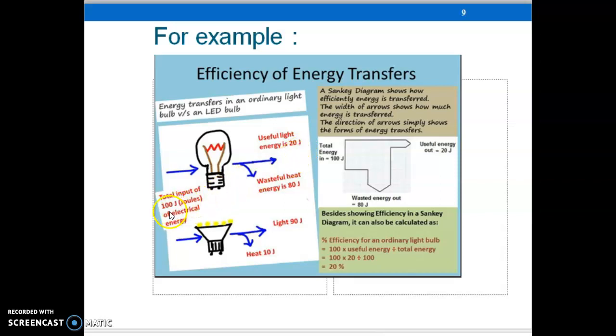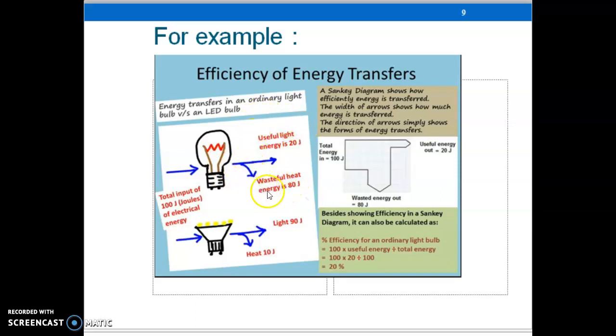We take 100 joules at the previous time when we use this kind of lighting. The useful light only consists of 20% of what we put in. Another 80% is converted into heat, which is not in use at the time.